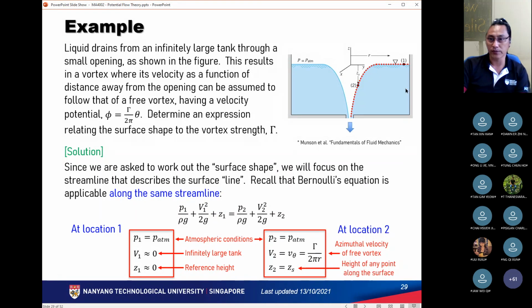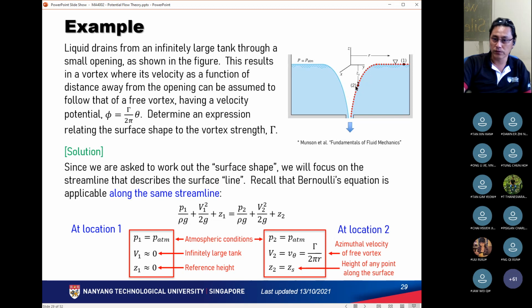At point 1, if you think about it, this is an infinitely large tank. So it's so far away from the opening, so far away from this vortex, that it's not going to be affected by the presence of this vortex. In this case, P1 can be assumed to be atmospheric pressure because it's exposed to the atmosphere or the ambient conditions.